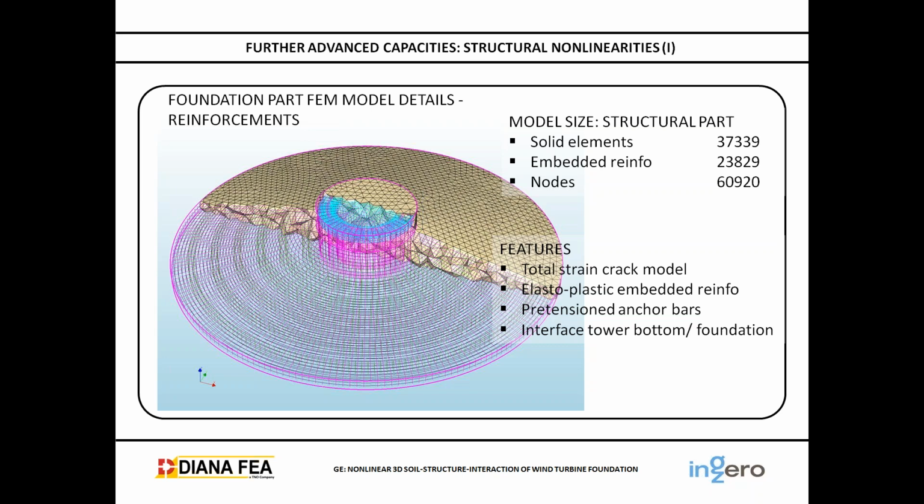The model size, just the structural part shown in the image, is nearly 40,000 solid elements and nearly 24,000 bar reinforcement elements, so about 60,000. The features we have introduced are the total strain crack model, elastoplastic bar reinforcement, pretension anchor bars, and the interface between tower bottom and foundation.